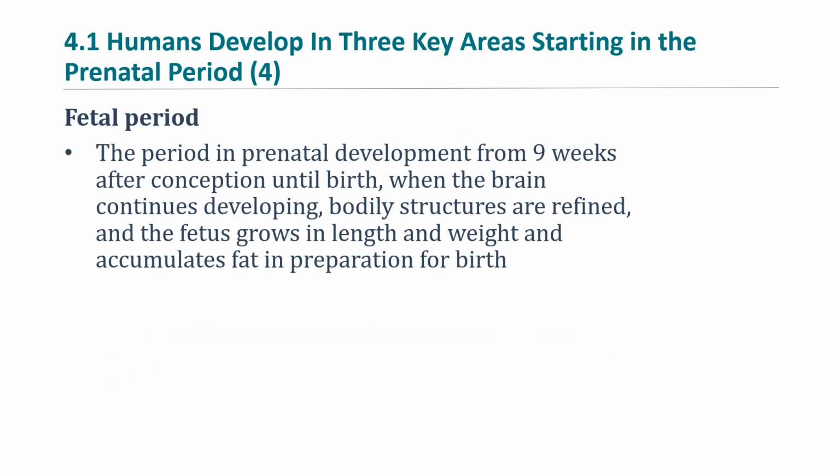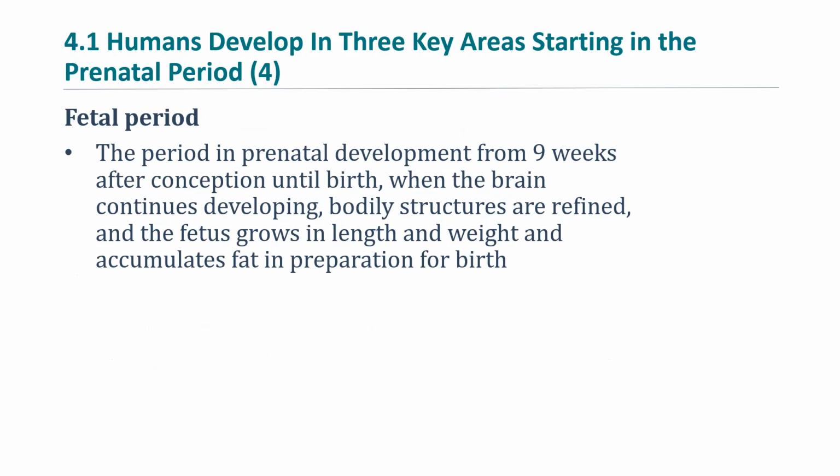And then we have the third and longest period, the fetal period. This lasts all the way from 9 weeks after conception until birth. As it says here, the brain continues developing, bodily structures are refined, and the fetus grows in length and weight and accumulates fat in preparation for birth.